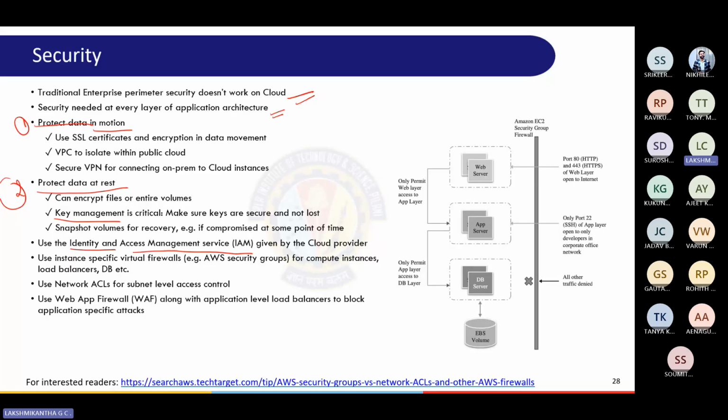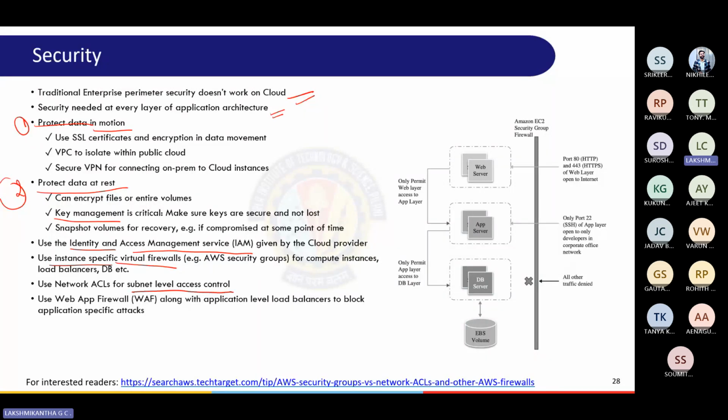The second one is instance specific virtual firewalls, like AWS security groups for individual compute instances, load balancers, and databases. Along with that, you have to use subnet level access control, also called subnet firewalls. So don't forget to use network ACLs, access control lists, for subnet level access control.